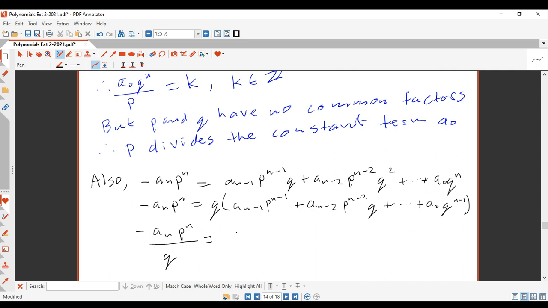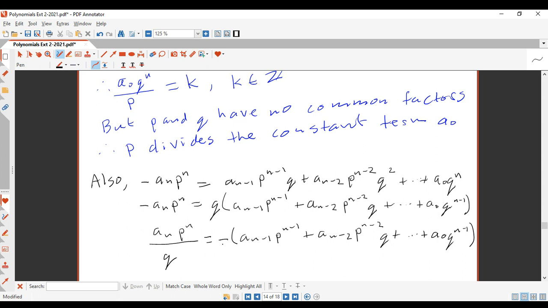So you can see the proof is following the same steps as before. And you're going to have a n minus 1 p to the n minus 1 plus a n minus 2 p to the n minus 2, and there'll be q there, plus dot dot dot plus a naught q to the n minus 1 close bracket. Now I can get rid of this minus sign if you like. I can put it on the other side.